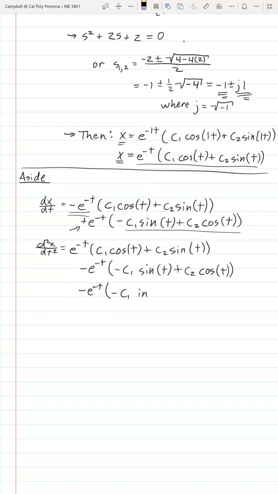Times sine, there we go, of t plus c2 times cosine of t. And then taking the derivative of what's in the parentheses here, we keep the exponential function the same since we're not taking the derivative of that, and then we get a negative c1 cosine of t minus a c2 times now sine of t.